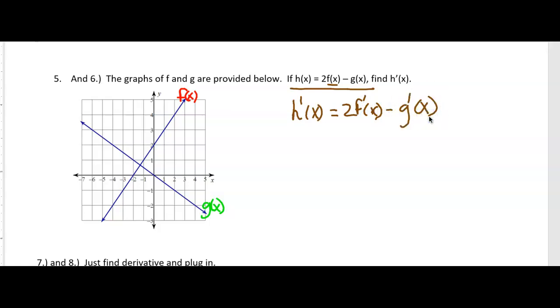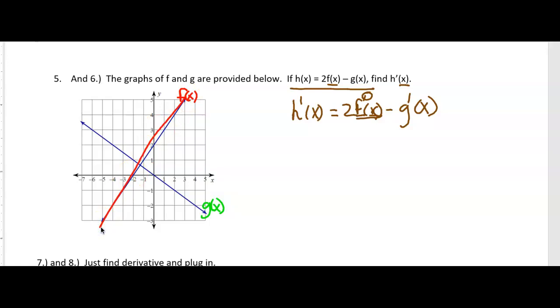Now, usually they would give you a number to plug in and you would find the answers, but we can actually get numbers out of this without plugging anything in, and the reason why is because, as we talked about earlier on one of our other problems on this little help video, this means the slope of f at some value of x. Well, for f, since it's a straight line, the slope is the same all the time.